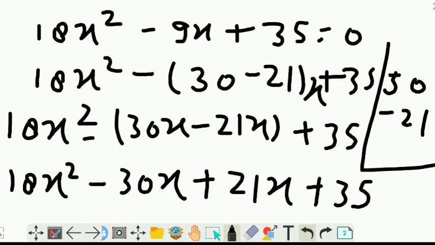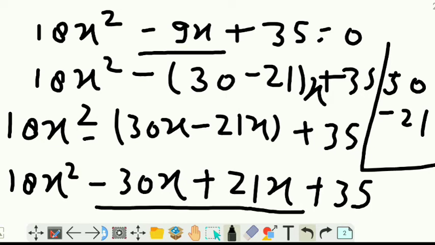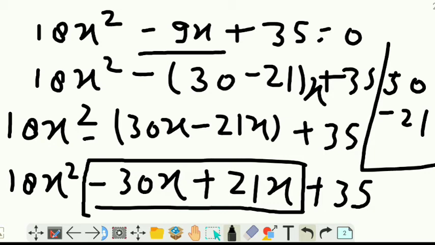Now we got 18x square minus 30x plus 21x plus 35. Now we have split the middle term, and this method is called splitting the middle term. All the things are the same, only in place of minus 9x we have written minus 30x plus 21x.